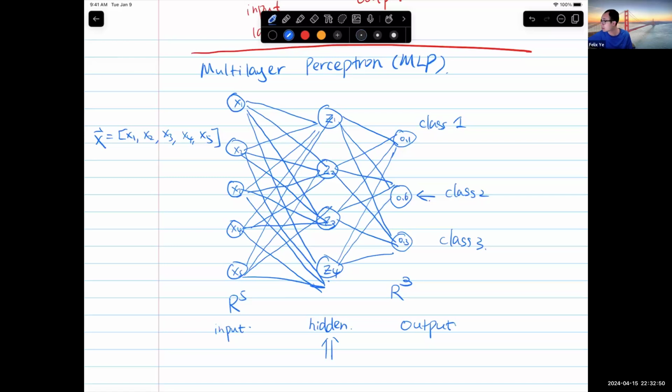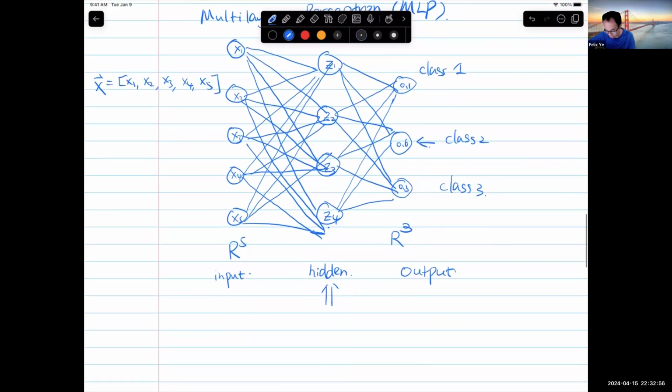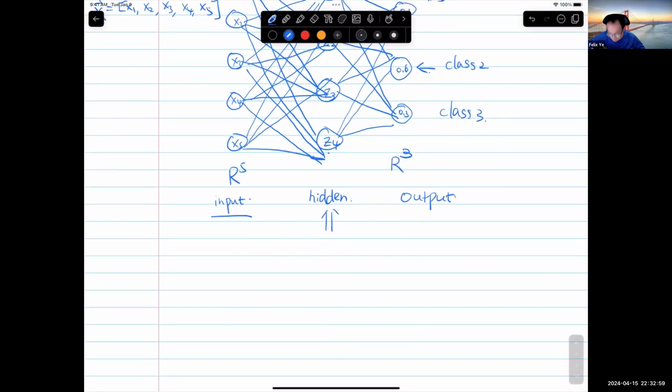I hope this is clear. To be more specific, this is the input layer, X1 to X5. From the input features, here we only have 5 dimensions, so my input features have 5 values.